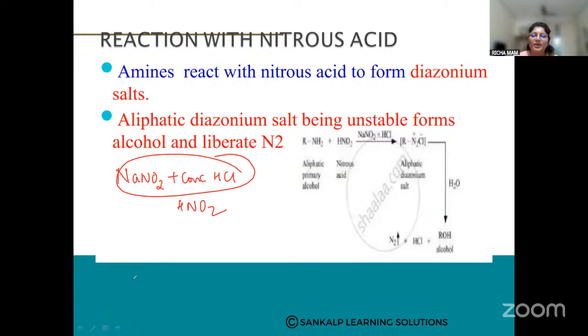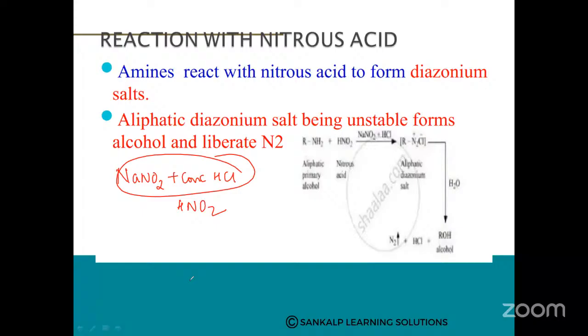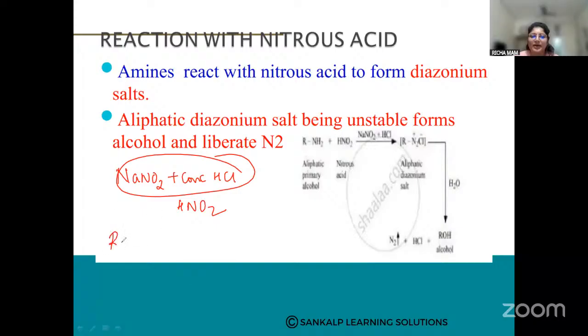So when amines react with nitrous acid, I'm going to get a diazonium salt, and this diazonium salt is unstable.